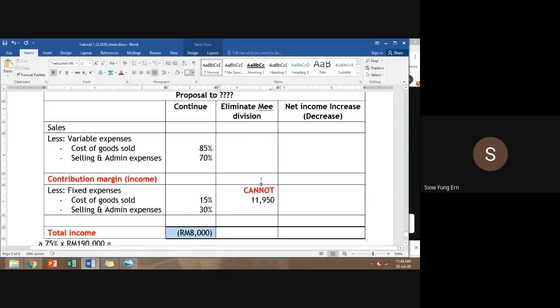Your contribution margin is 0, right? Correct. Negative 21,950. So if you eliminate, your total income is negative 21,950.